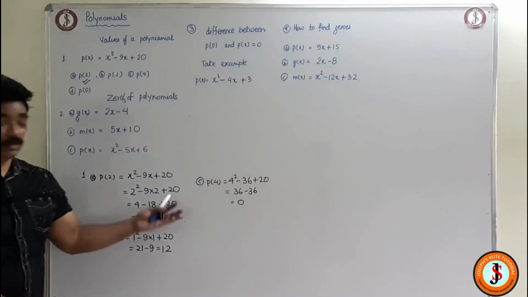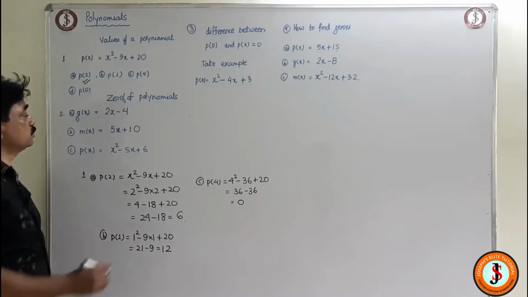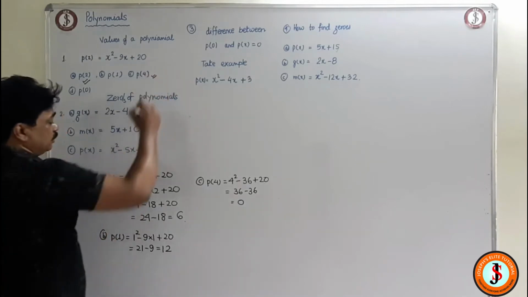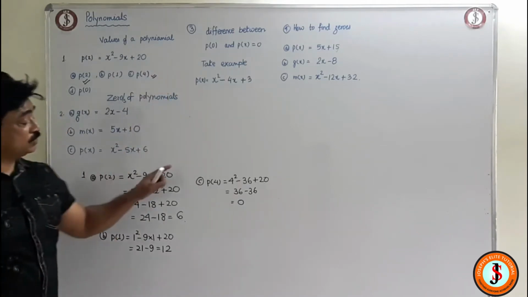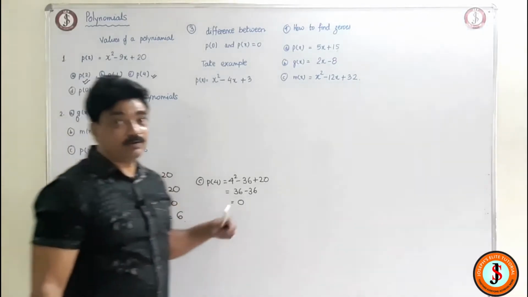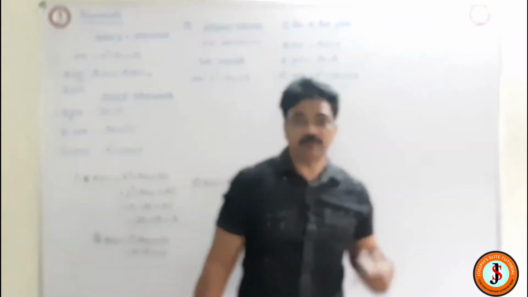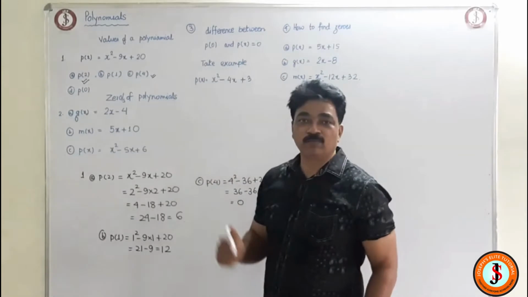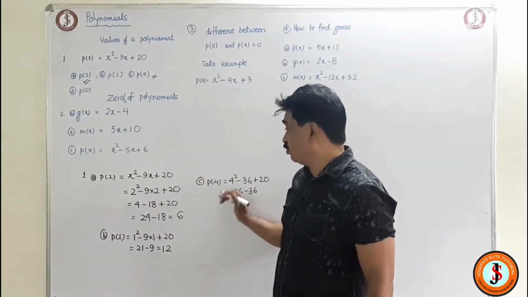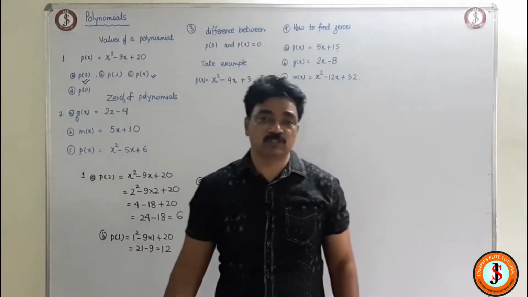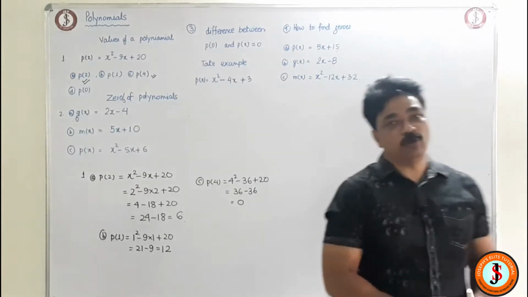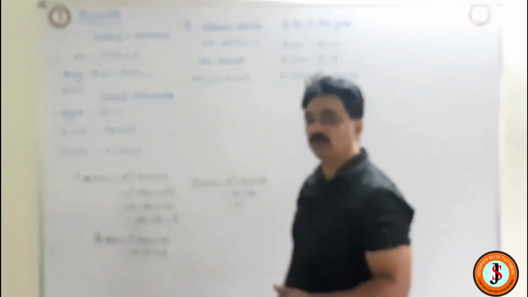Alright, so we get this. When we put x is equal to 4, then the value of the whole algebraic expression, the polynomial, becomes 0. So 4 is said to be a zero of this polynomial. So a zero for a polynomial means what?